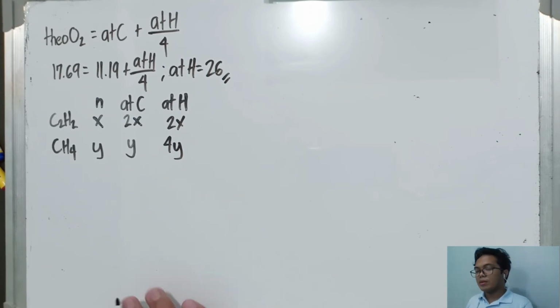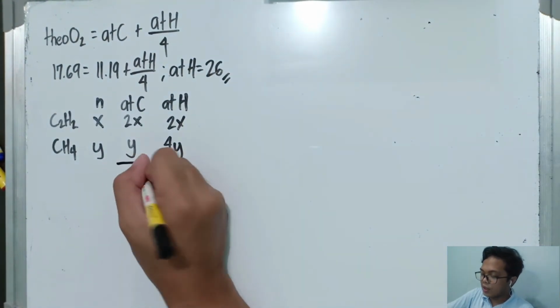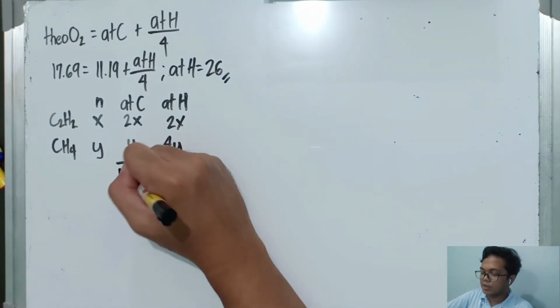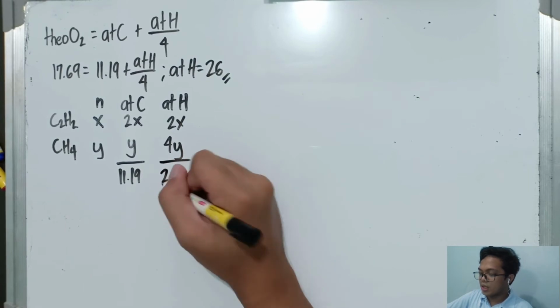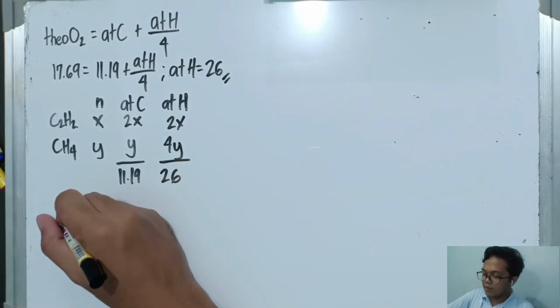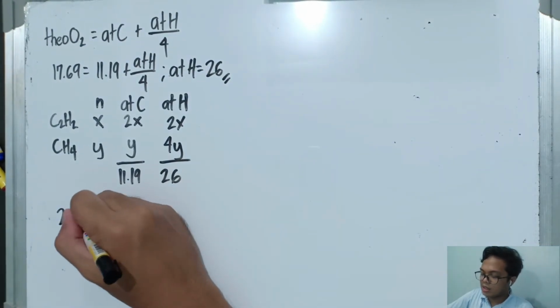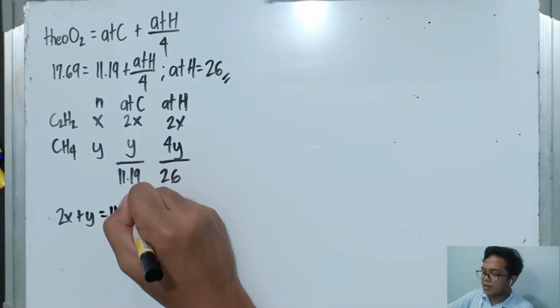Okay, so now I think you should have a fairly good idea of what we're trying to do here. So we have our at C. We already know the value of our at C to be 11.19. And then for at H, this is 26. So basically, we have here two equations, two unknowns. The first one, for at C, is 2X plus Y equals 11.19.